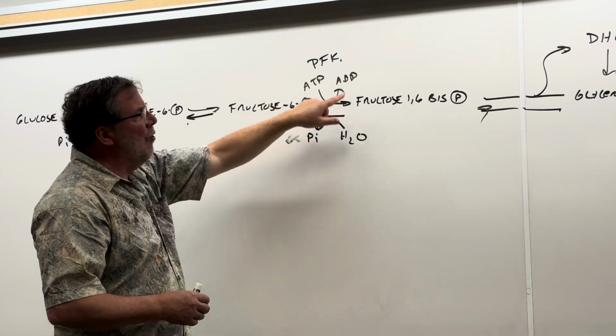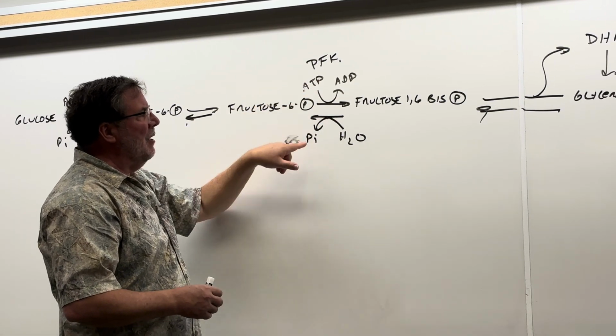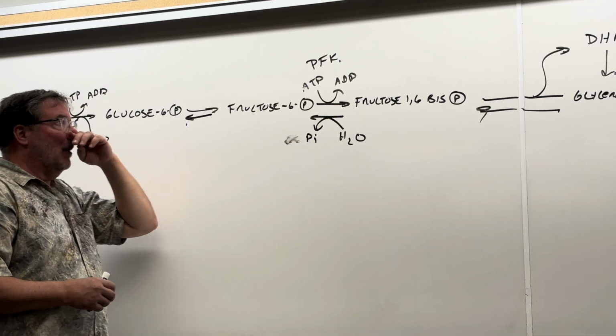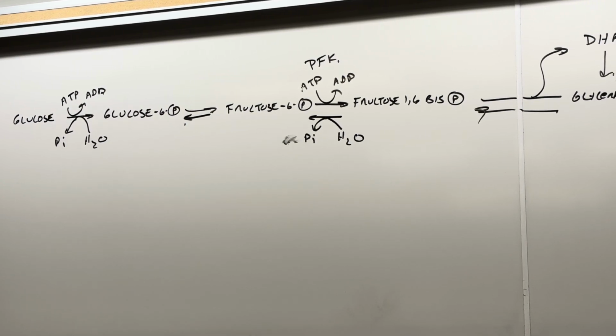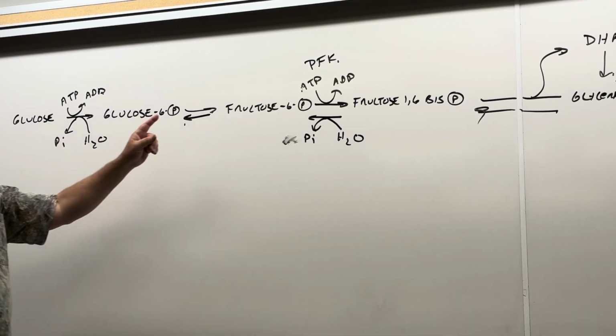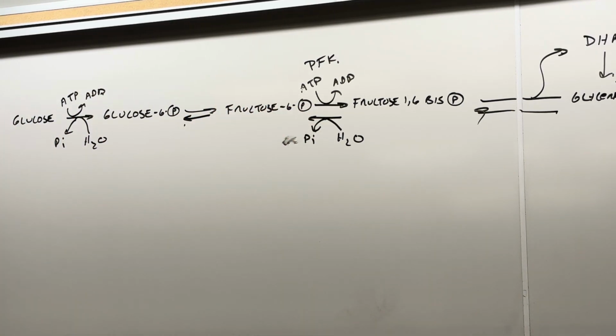So the overall reaction is just ATP plus water going to ADP plus Pi. You just burn through ATP. So you don't want both of these processes going on at the same time. You have to have coordinate regulation. And so we're going to focus on that.